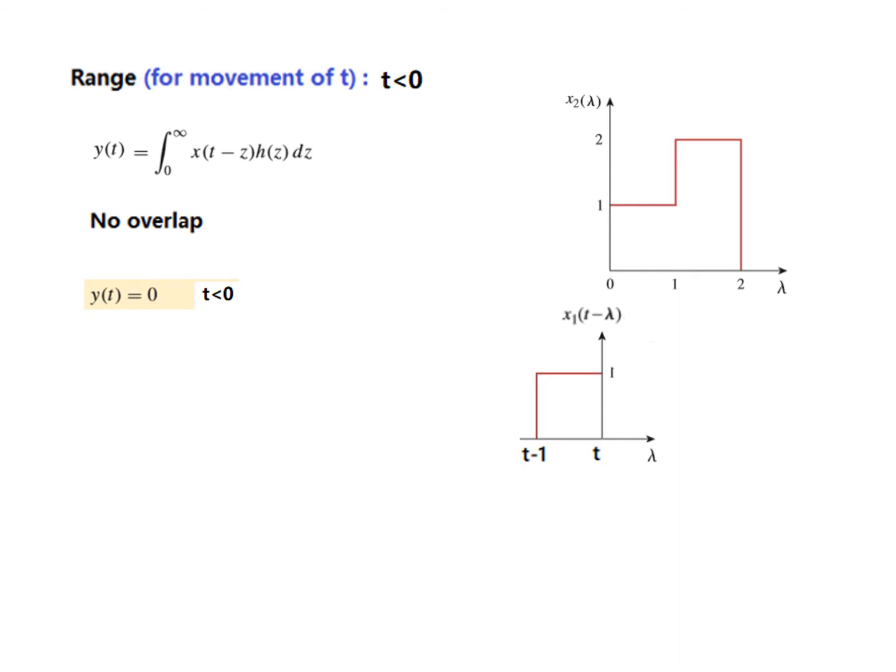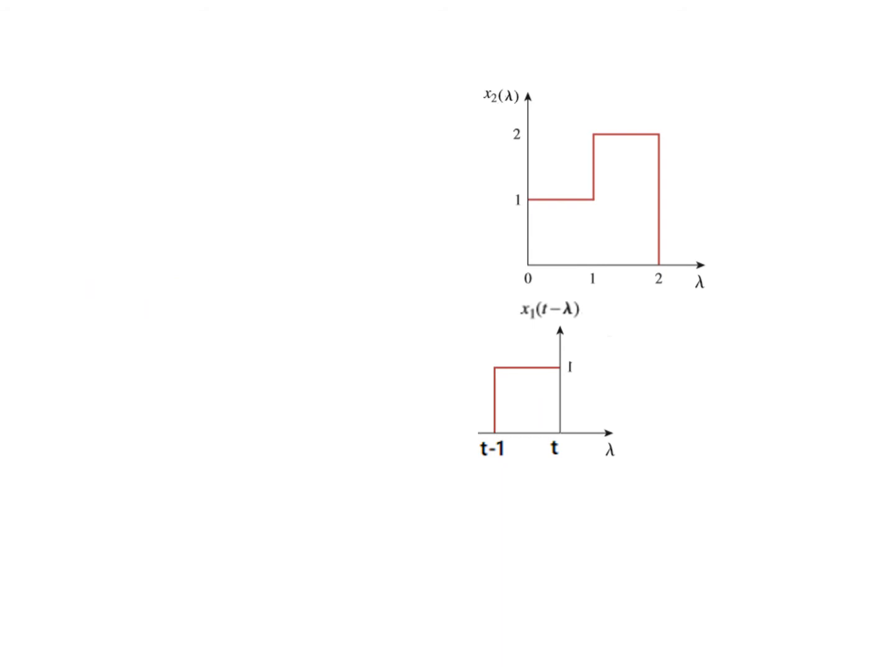Now in the next step we'll move it further, between 0 and 1. Let's see. So we have moved it between 0 and 1, and will not go beyond 1, because the moment we cross 1 there will be a change in the situation.